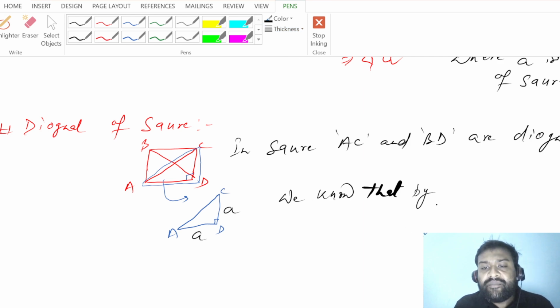Pythagoras theorem, PT. What we know is H square is equal to P square plus B square.